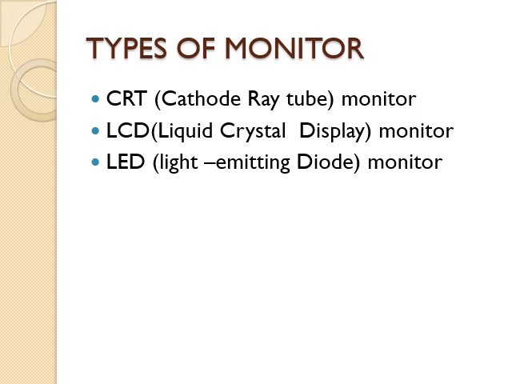Second, liquid crystal display monitors are flat screens and consume less power. LED light emitting diode monitors use the least amount of power and have better display. They are thinner and lighter in weight.